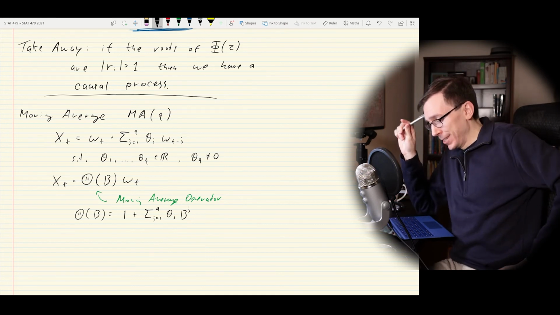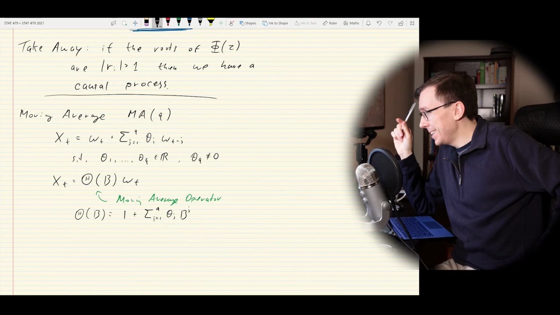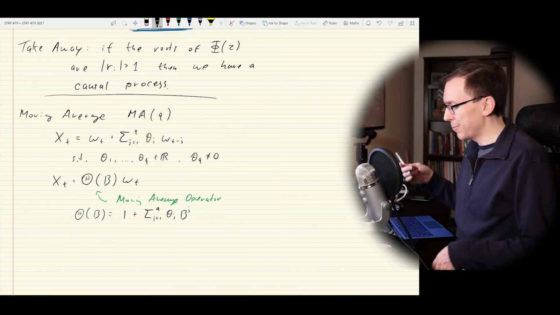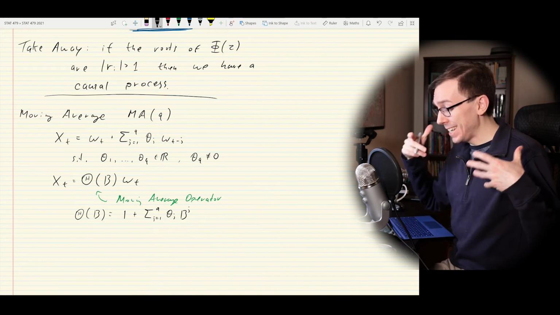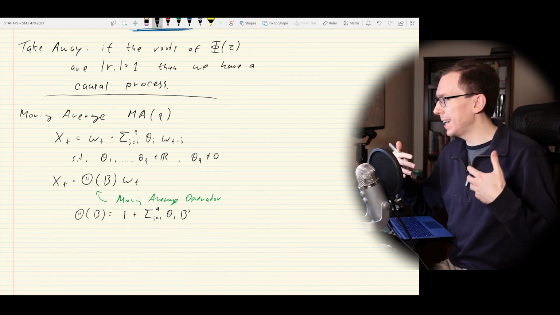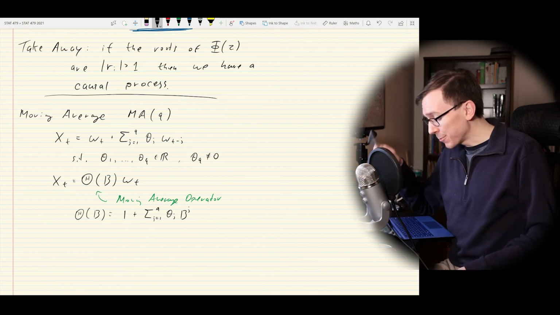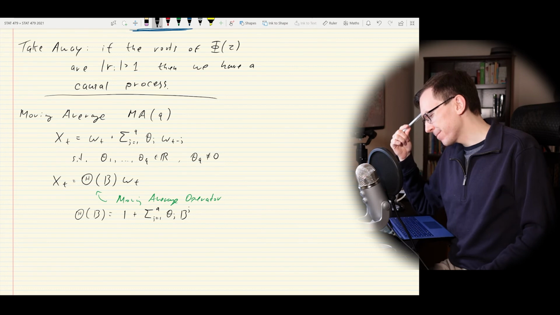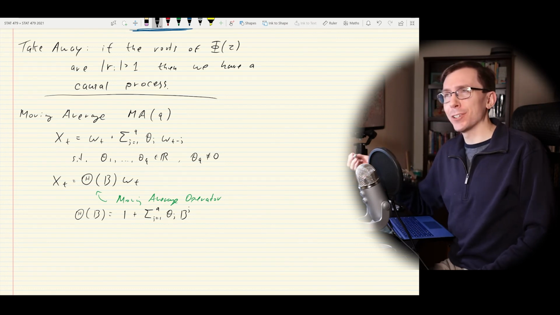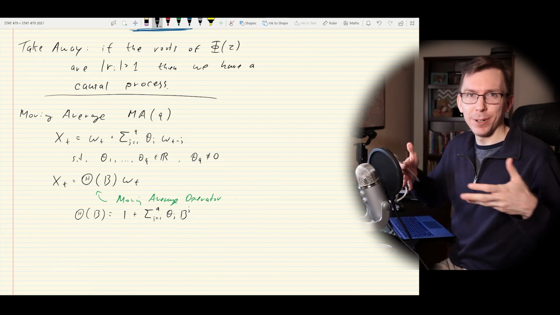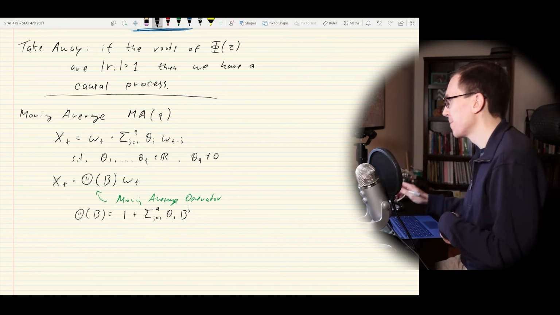Okay, so we can proceed similarly, but once again, if we wanted to do statistics, we would have data that would presumably come from a moving average process, and we'd want to estimate it. We'd want to estimate the thetas, so I have to make sure the things I'm estimating are unique or identifiable in a statistical context.